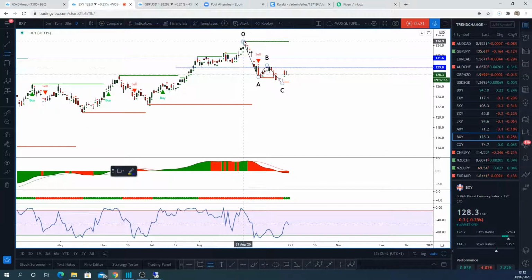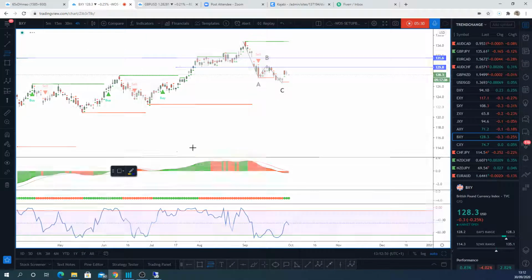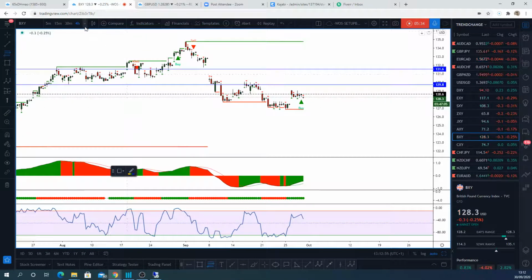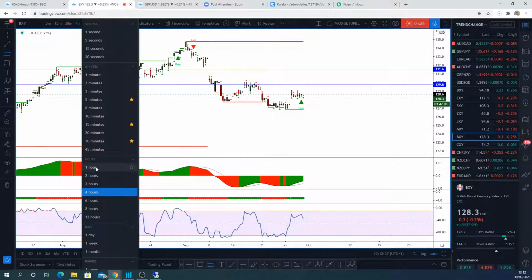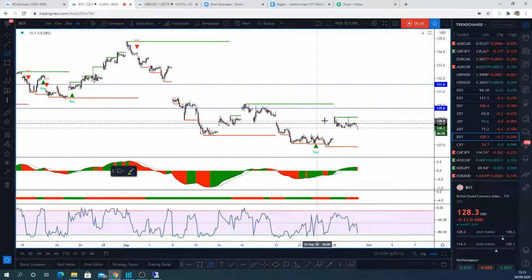If we draw these, actually what we should do in this case is I can do it on the 4 hour, that makes it clear. Actually 1 hour again. Problem is with the indices, there's always missing data.